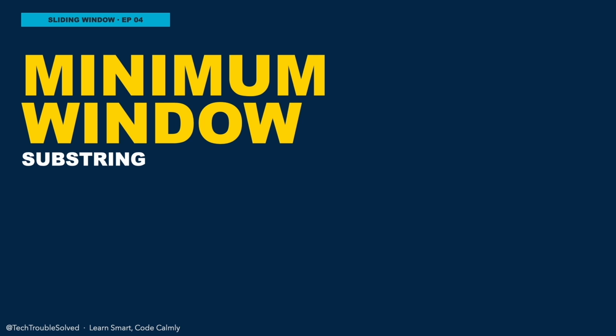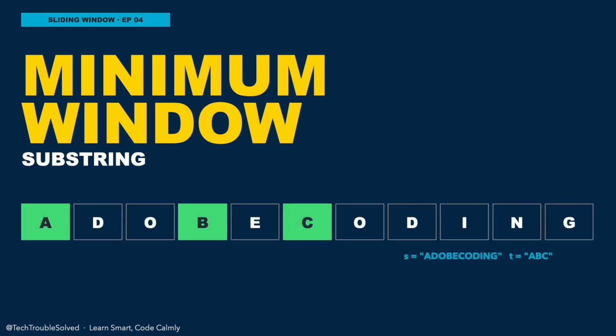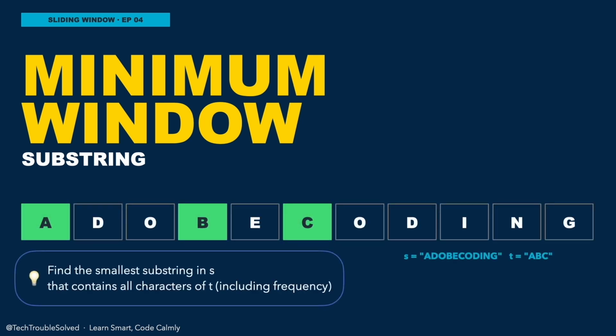Now today's problem. You are in a FAANG interview. The question appears on the screen. Given two strings S and T, find the minimum window substring of S that contains all characters of T. You read it. You think, okay, I know strings.